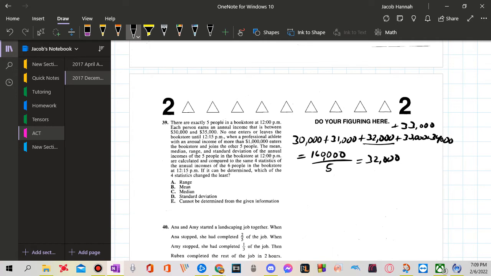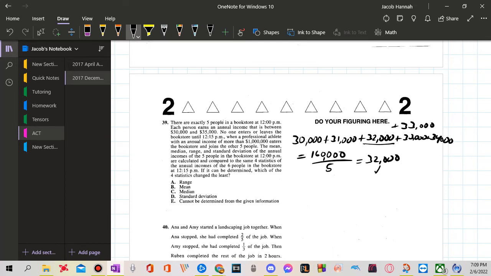Your median will then be the average of the 2 middle numbers. So it would be 32,000 plus 33,000 divided by 2, which would be 32,500. So that's how median works in this.